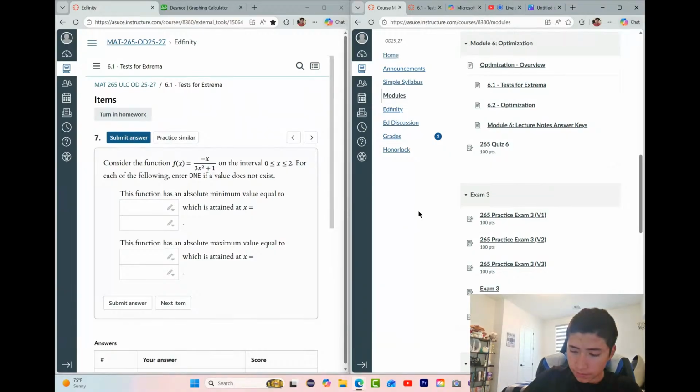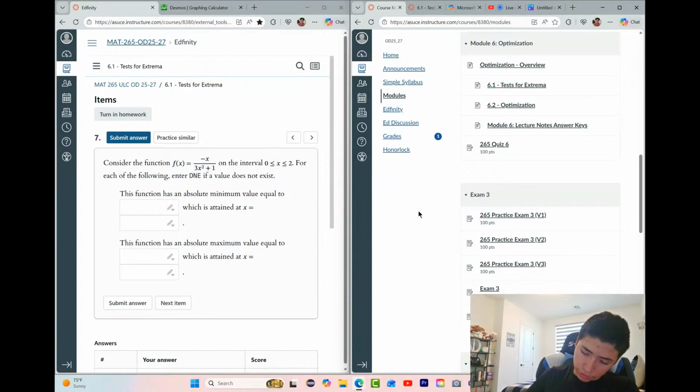So we have negative x over 3x squared plus 1. In fact, here, I'm just going to put a line over here. There we go. So we have negative x.